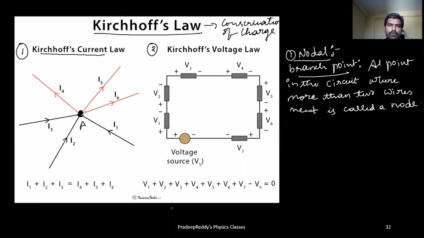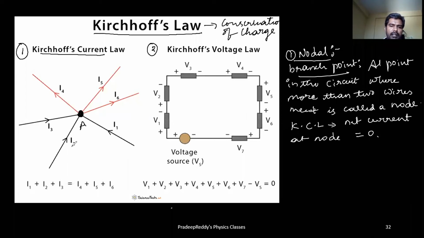To apply Kirchhoff law at this nodal point, first identify how many currents are entering and how many currents are leaving. Kirchhoff current law states that the net current at a node is equal to 0. Net current at this point A is equal to 0.